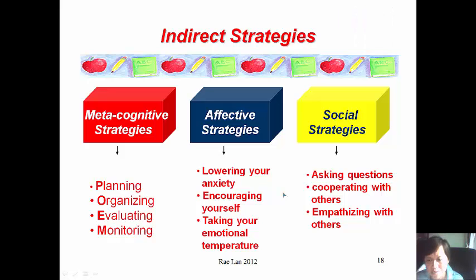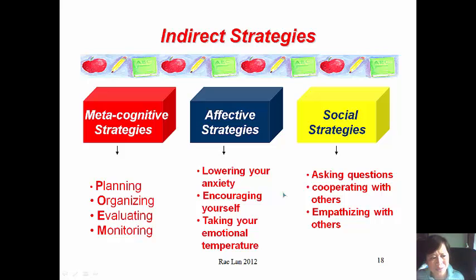All right, finally, there are social strategies under indirect strategies. Now, remember, language is for the purpose of communication. Therefore, we communicate with people in speaking or in writing. In other words, we apply social strategies when we communicate with others, such as asking questions, cooperating with others, or empathizing with others.